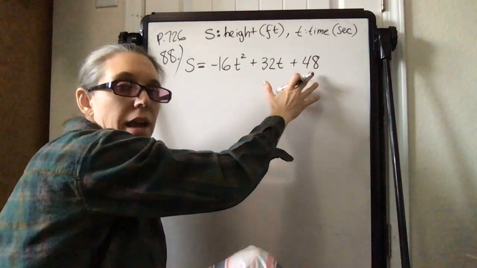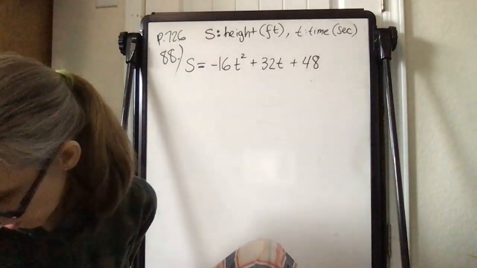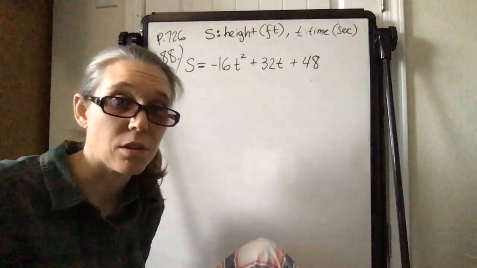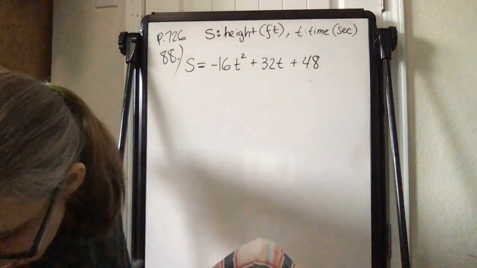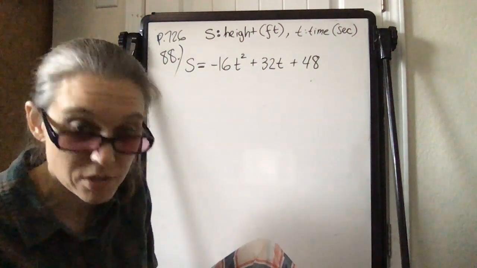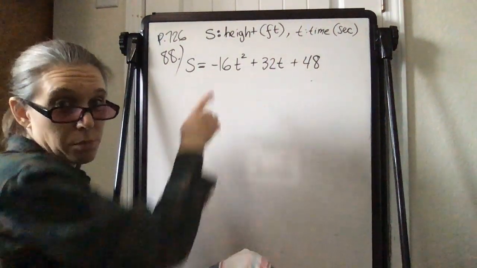FYI, the 32 tells you that you have an initial velocity of 32 feet per second when you throw this ball, and it is thrown from an initial height of 48 feet. Okay, you don't have to know that to do this problem. What you have to do is to find the maximum height of the ball and the time it takes to reach the maximum height. So this is a downward facing parabola.